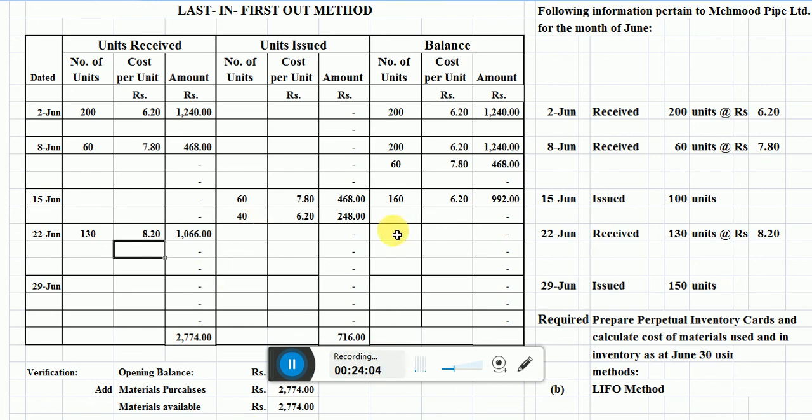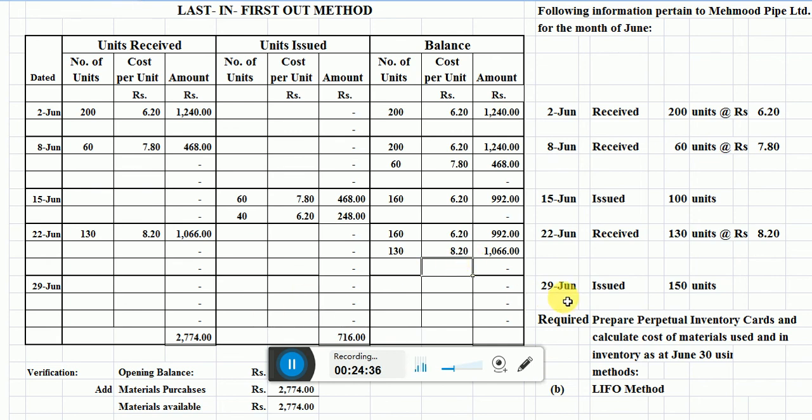Students, now we record our inventory in balancing. Balance 160 units is the first lot at 6.20, and the current purchase is 130 units at the rate of 8.20. Now our current inventory in store is 160 units at the rate of 6.20 rupees and 130 units at the rate of 8.20 rupees.